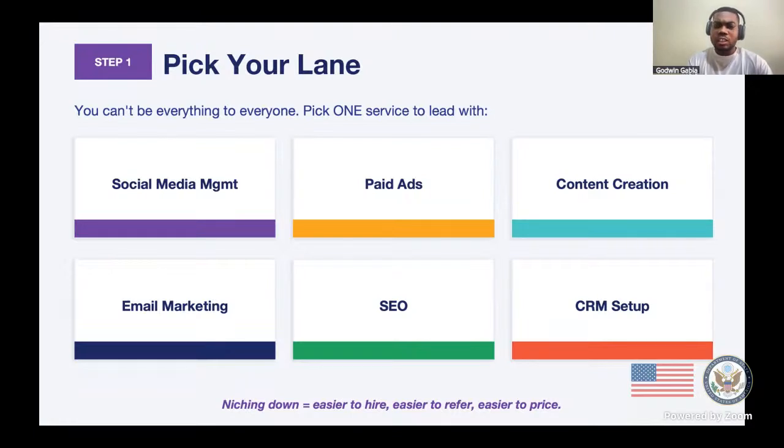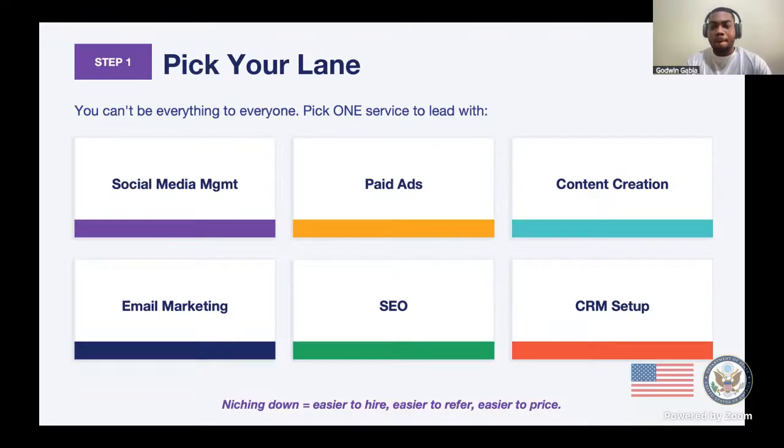So businesses are now looking towards paid ads, which are way cheaper, because even with $1, which is roughly around 11 cedis, you could start a campaign today on most of the platforms, right? So paid ads is a huge space as well that a lot of businesses are looking at.